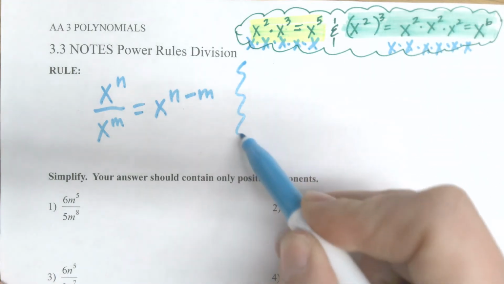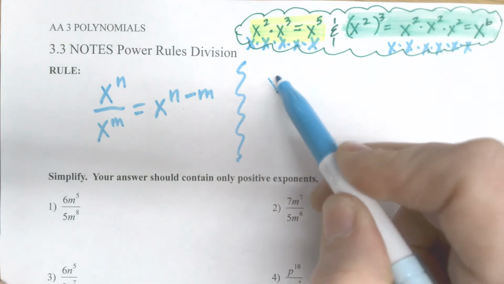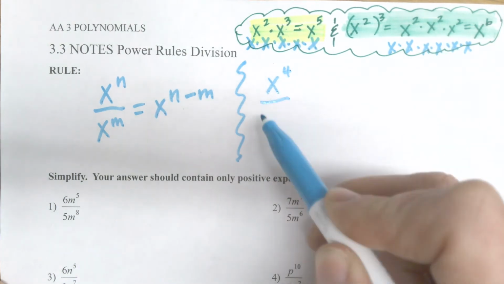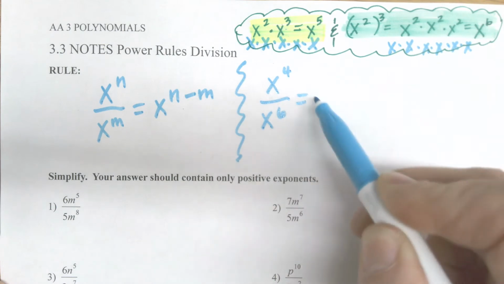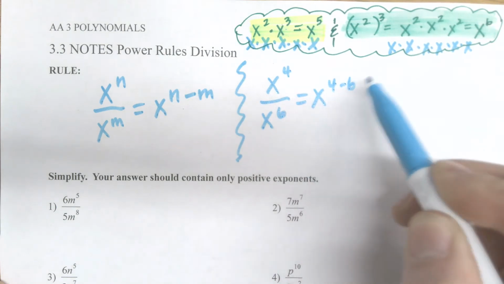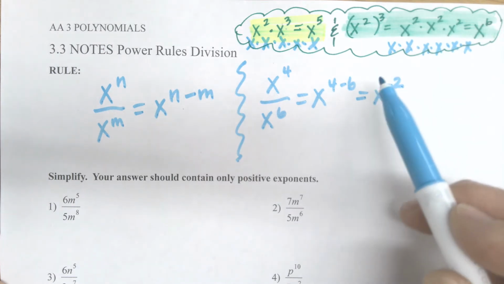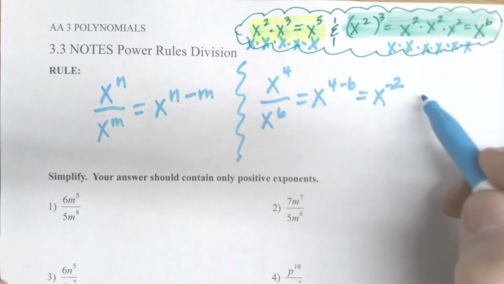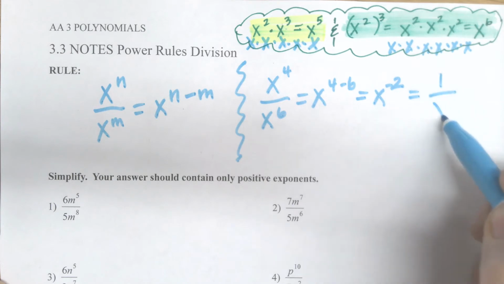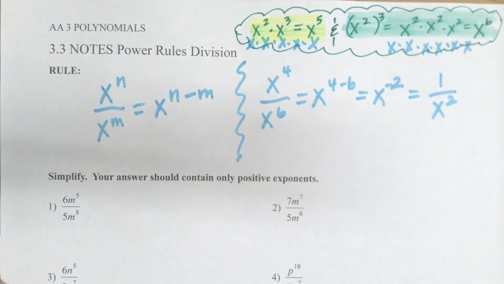So if I see it with numbers, if I have x to the 4th over x to the 6th, that's x to the 4 minus 6, or x to the negative 2nd. If I end up with a negative power, that moves down to the bottom and becomes positive.